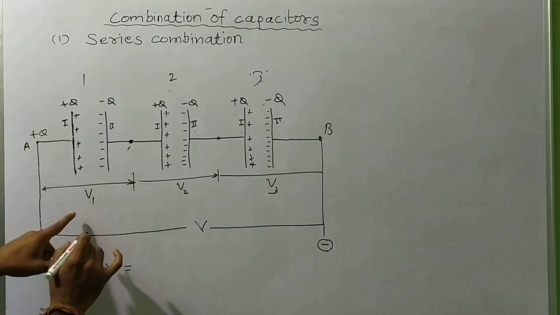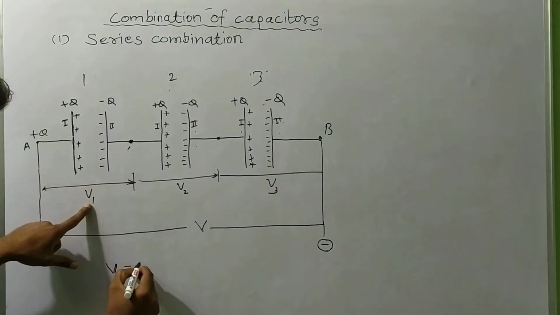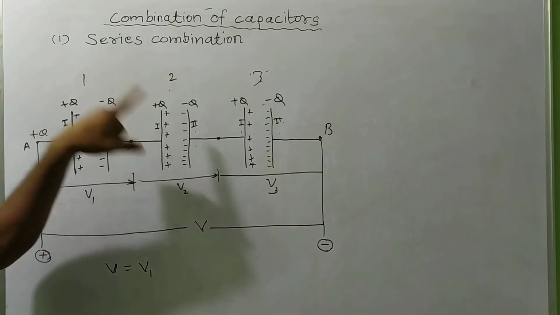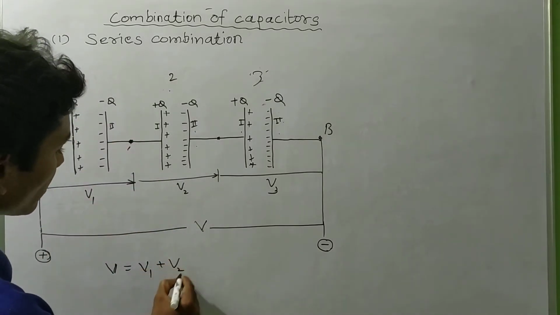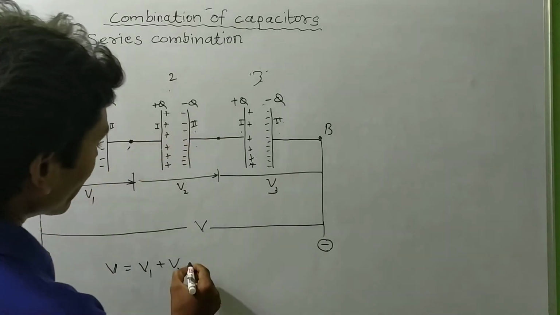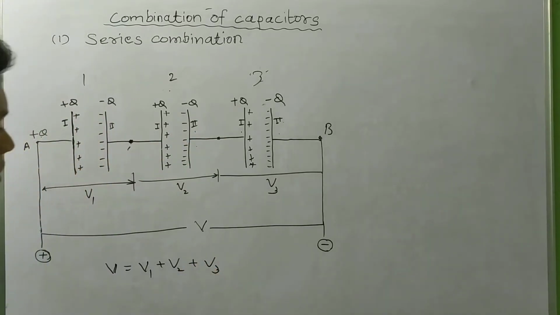The potential of the first capacitor is V1, of the second capacitor is V2, and on the third capacitor is V3. So the equivalent potential equals V. Now we have to find the value of V1, V2 and V3.